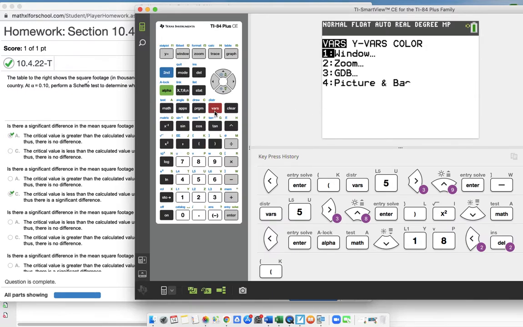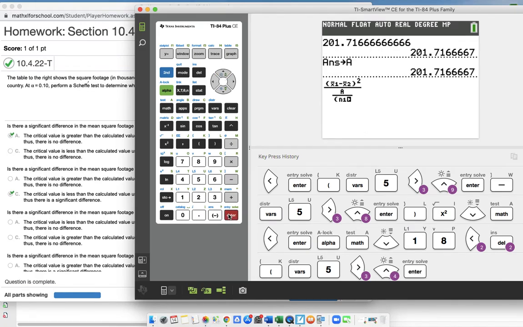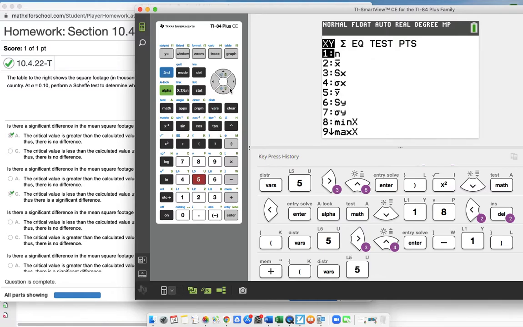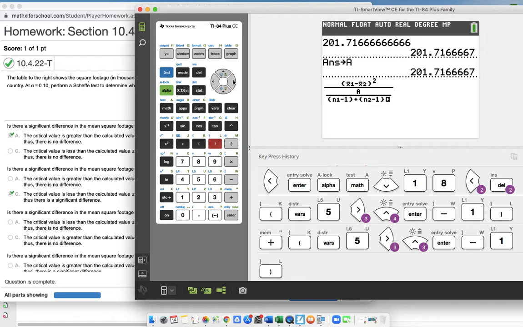So to get it right online, you're going to go with the parenthesis. Again, go back to vars. Again, go to number 5, statistics. Go over to test. And now I want the sample size of the first one, minus 1. End parenthesis, plus the sample size of the second one, minus 1. End parenthesis. Okay, and then there's one more thing we add. We add in 1. This would be the same both online and in the book.